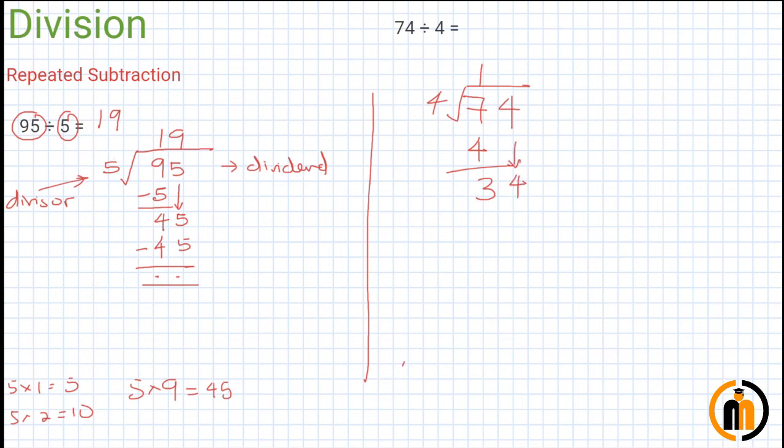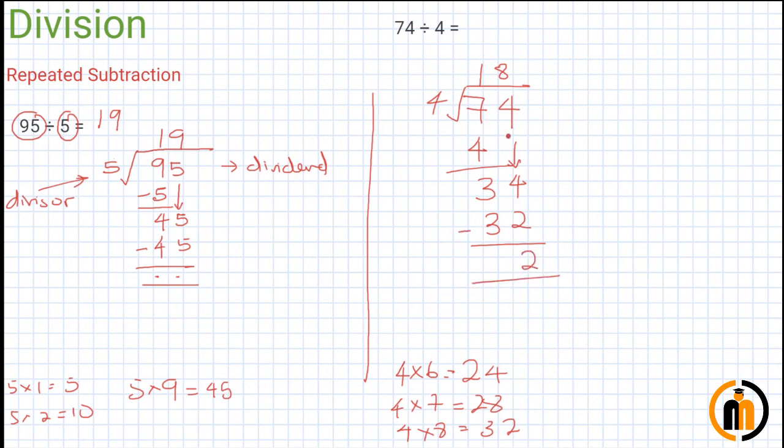Then we need 4 times what? 6, 12, 18, 24. 24 is too small. Can we go further? 4 times 7 gives 28. I think we can do 4 times 8, which gives us 32. So we'll use 4 times 8, which gives us 32. Minus this, you will get 2.